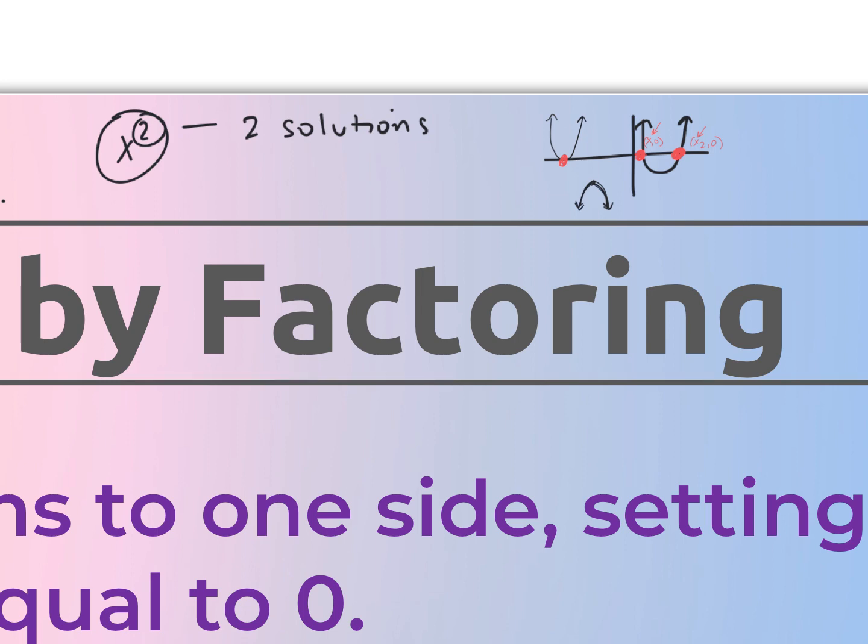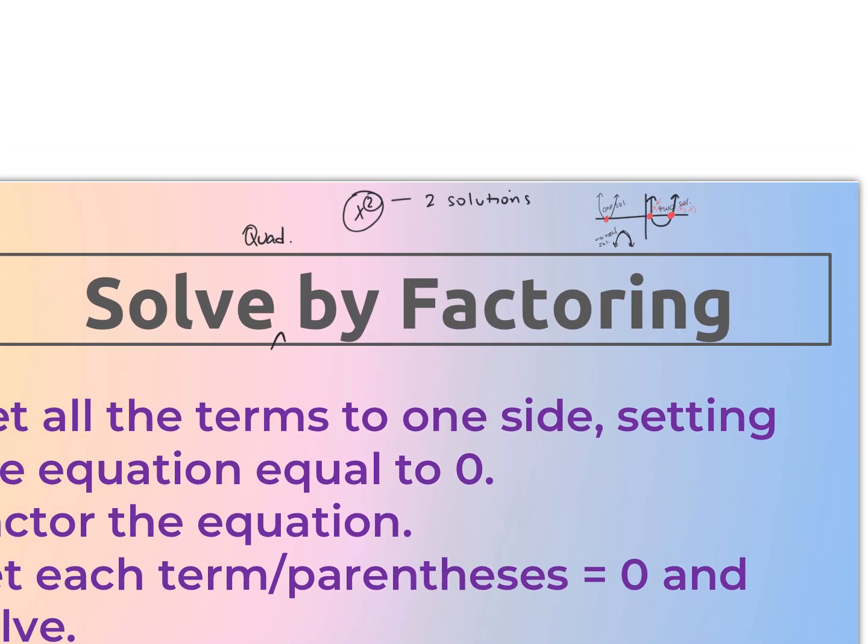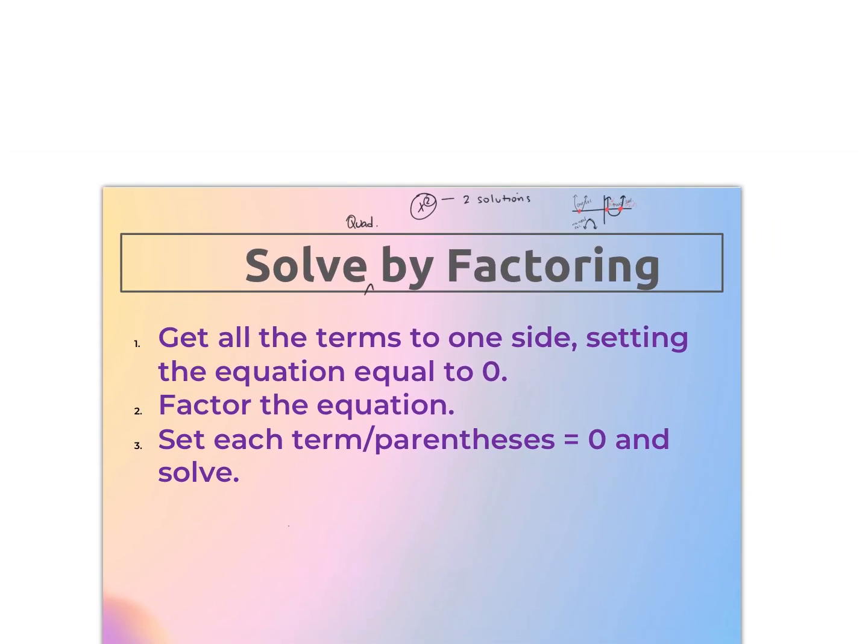This is what we call no real solutions, and we'll talk about that more. But quadratics will either have one solution, two solutions, or no solutions. Now, most of them have two solutions, which is a little different from linear, which usually has just one solution.